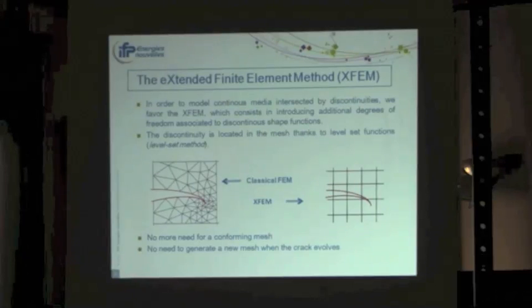And on the right side, we can use a regular mesh. The information about the fracture is directly included in the mesh thanks to these additional degrees of freedom, so we can have exactly the same behavior. Another advantage of the extended finite element method is that we don't need to generate a new mesh when the crack evolves.